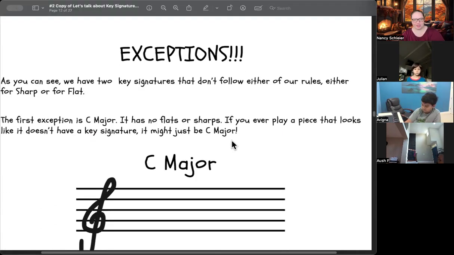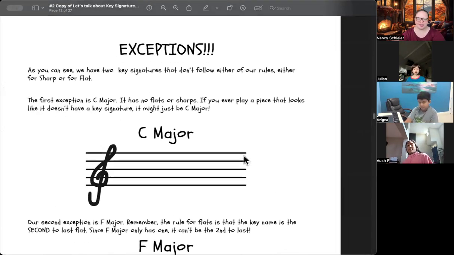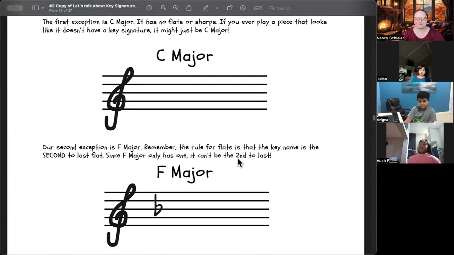All right. Now, Julian, you mentioned this earlier. What are our two exceptions? If there are no sharps, no flats, it is C major.